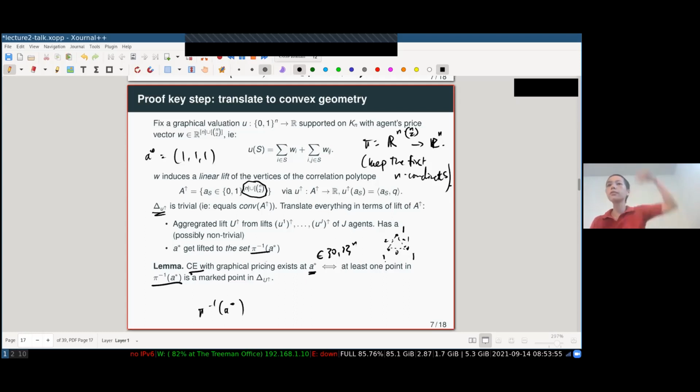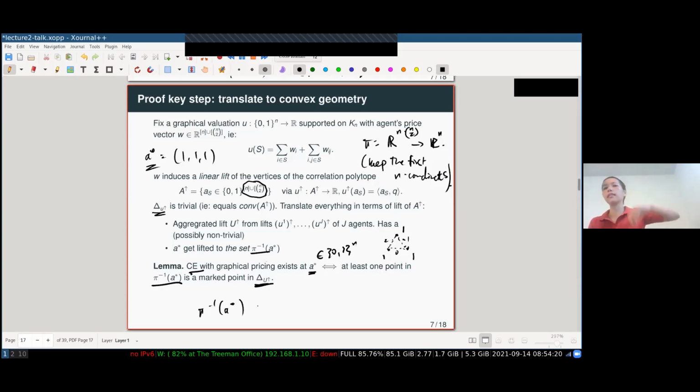So I have infinitely many such vectors, right? I get a whole subspace of such guys, and I just need that subspace intersecting with the regular subdivision to be non-empty. And why is that? Because if I have a marked point, a point that's lifted inside the subdivision, then when I project it down, I would see it get projected down to become A star.